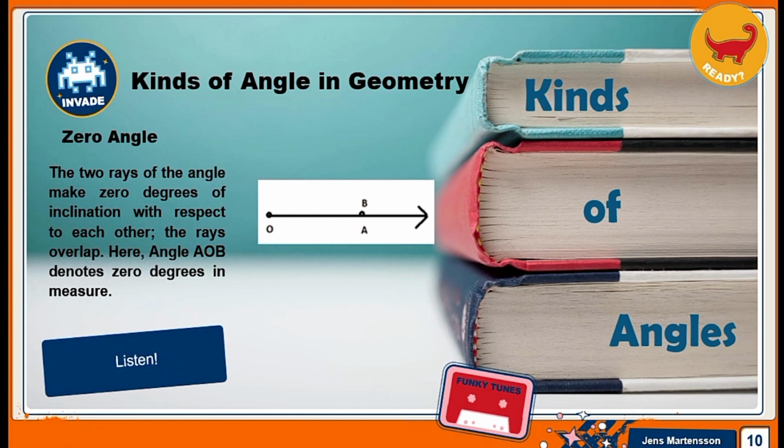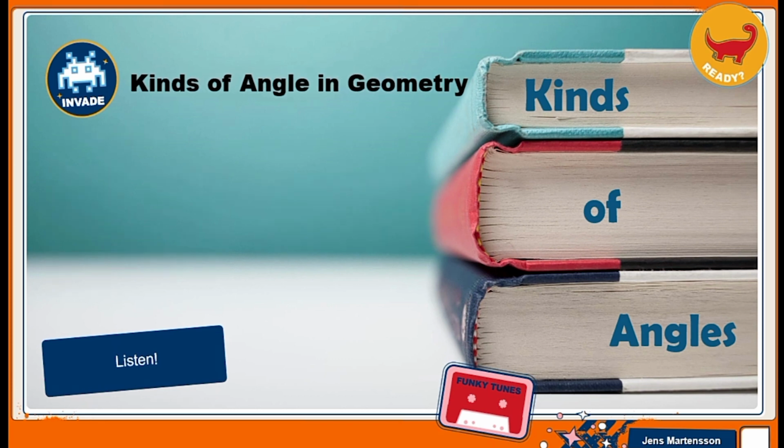The two rays of the angle make 0 degrees of inclination with respect to each other. The rays overlap. Here, angle AOB denotes 0 degrees in measure. Do you get it?